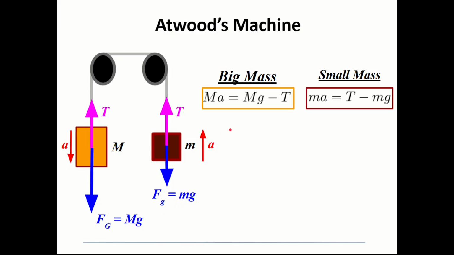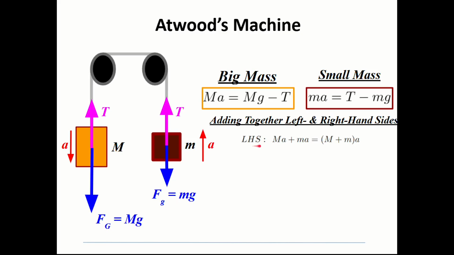Now let's start combining things together. The way we do that is we add the left and right hand sides separately. So we have the left hand side, LHS, and we have capital MA plus little ma, and I'm going to factor out the A and just have the sum of the masses in parentheses here.